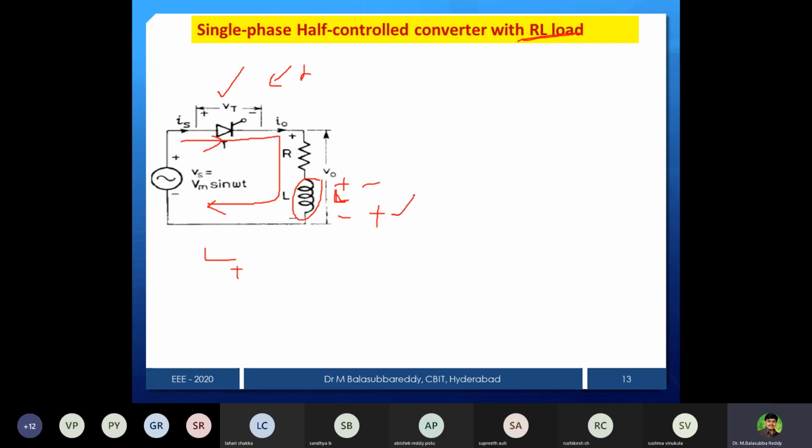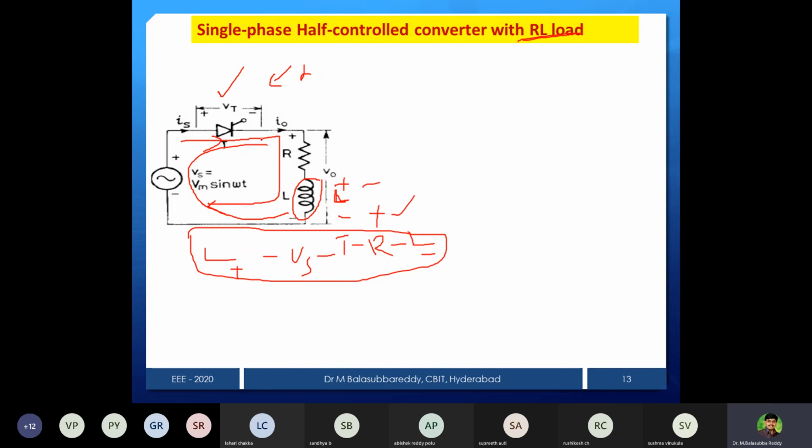This is plus, and it goes to the supply, and again it goes to the thyristor, then R, then L minus. That means the same direction current is passing through the same thyristor. Then what will happen? Thyristor will conduct.